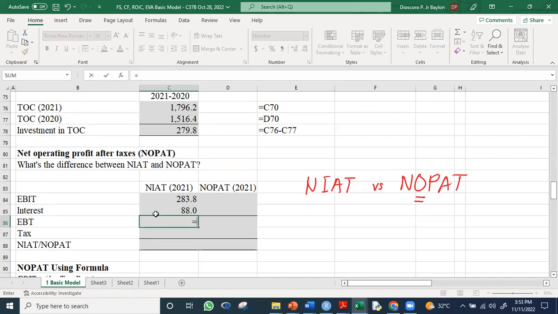All right, so the difference between this is this minus this. EBIT less interest is 195.8, and then we multiply this with the tax.